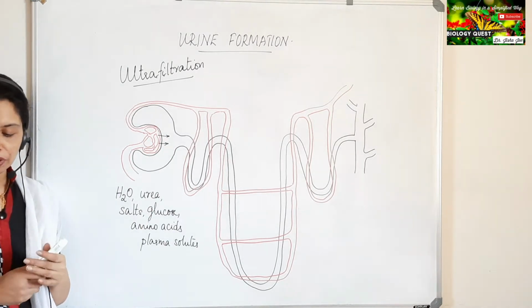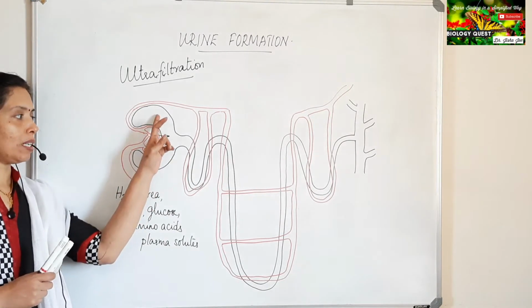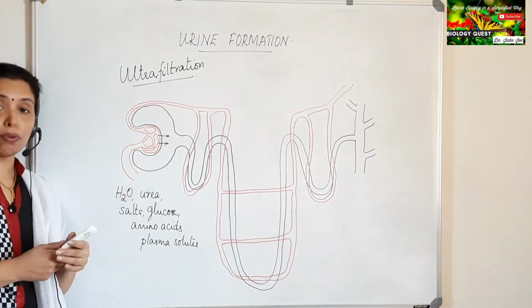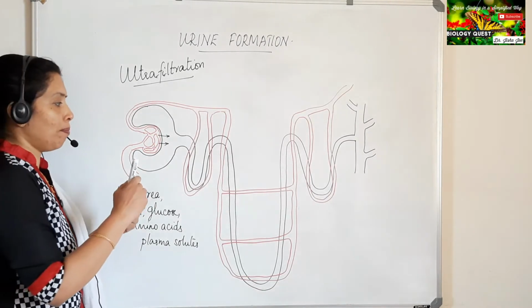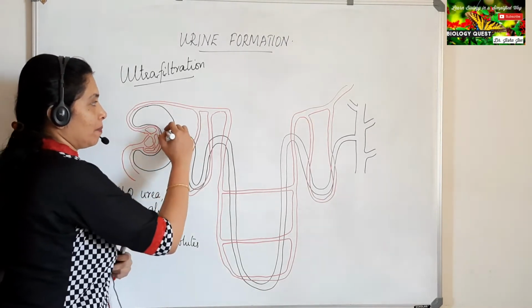And this filtrate that has entered into the cavity of the Bowman's capsule is called the glomerular filtrate.